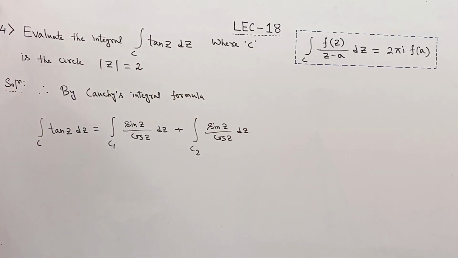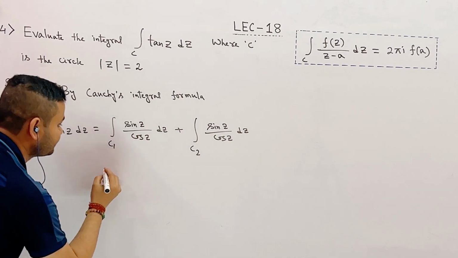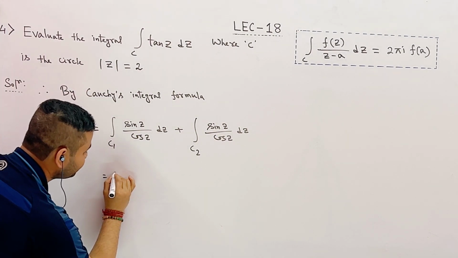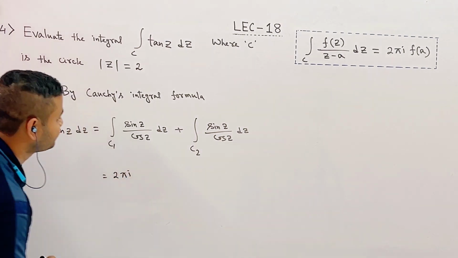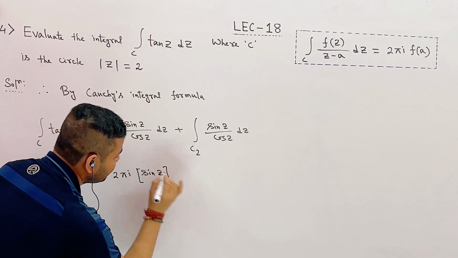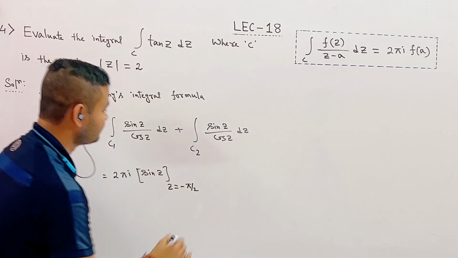Now apply Cauchy's integral formula for this integrand first. So after applying Cauchy's integral formula, we will get twice pi i into sin z at z equal to minus pi by 2.